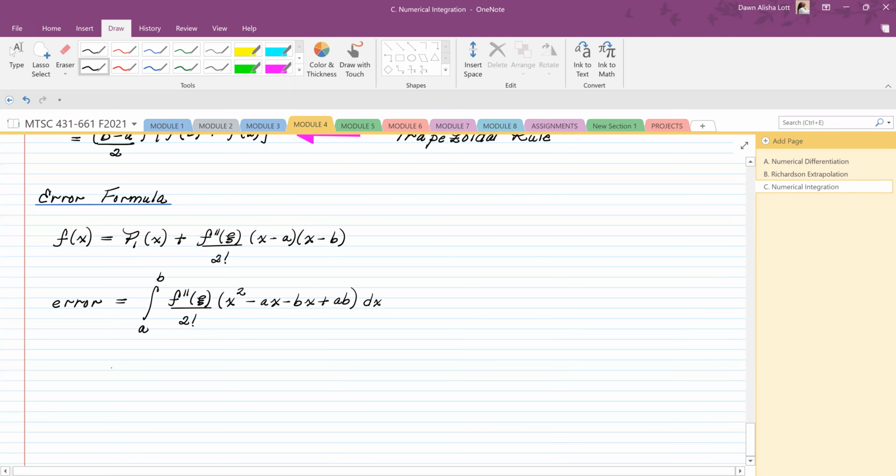So I can pull out the f double prime at c over 2. And now I get this integral: 1/3 x cubed minus a over 2, a plus b over 2, x squared plus abx, evaluated between a and b.